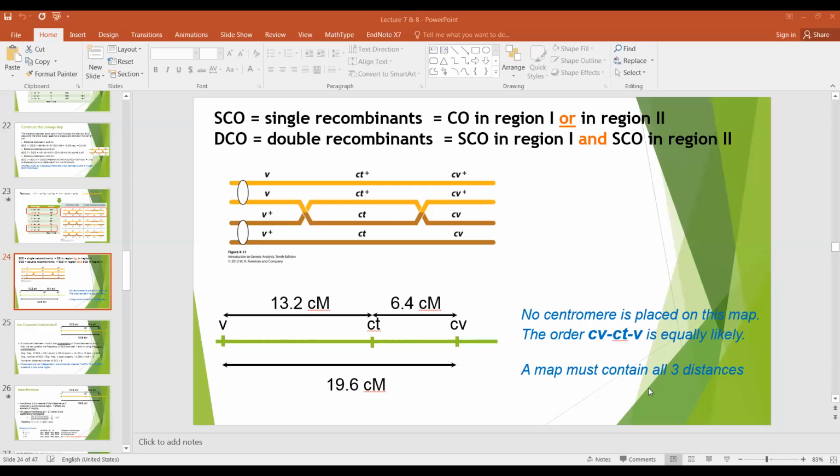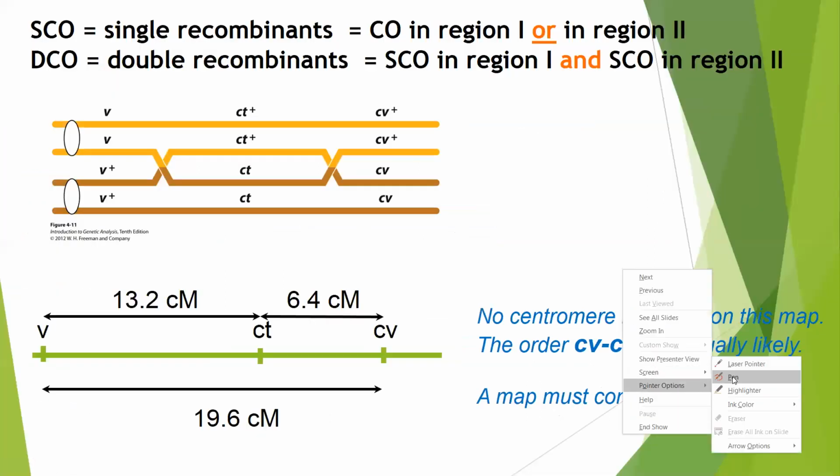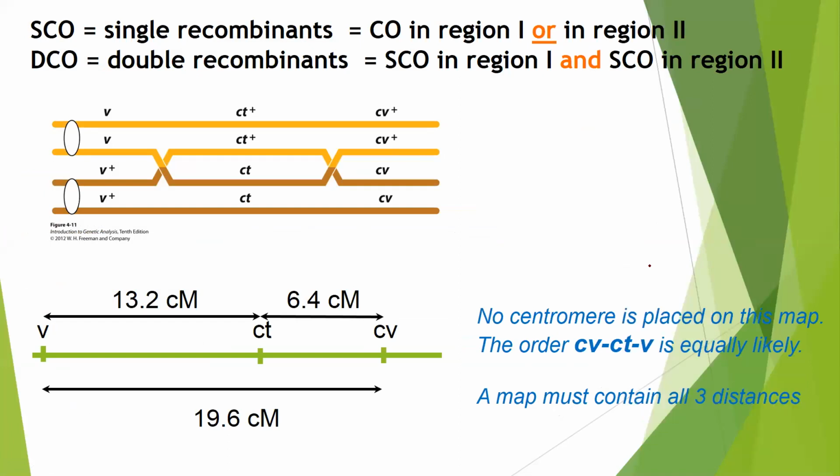Okay, so let's get started. Last time we learned the 3-point test cross. This is very important. I hope everyone can understand what is going on in the 3-point test cross. Basically, we do a test cross based on a tri-hybrid, right?